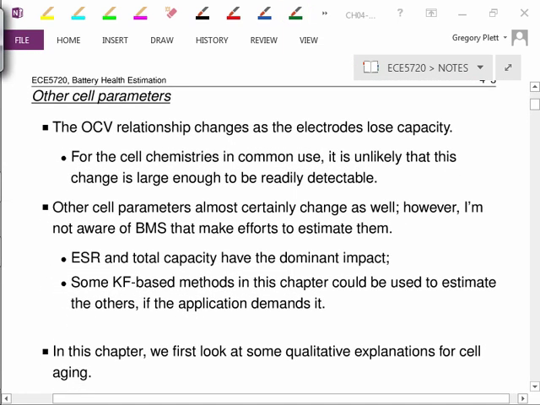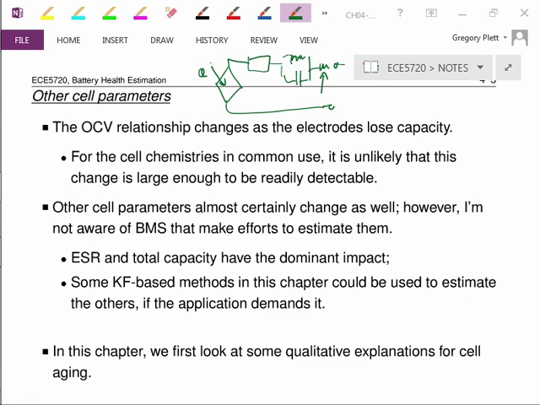There are many other parameters in a cell model, and if you think about the cell model, we have a voltage-controlled source, we have a hysteresis element, we've got these resistor-capacitor pairs, a series resistance. So we've looked at this resistance primarily for the ESR, and we've looked at total capacity, which finds its way in the SOC equation. But there's the open circuit voltage relationship itself, there's the hysteresis relationship, there's the time constants of the RC filters, different things that we might think would change over time as the cell ages.